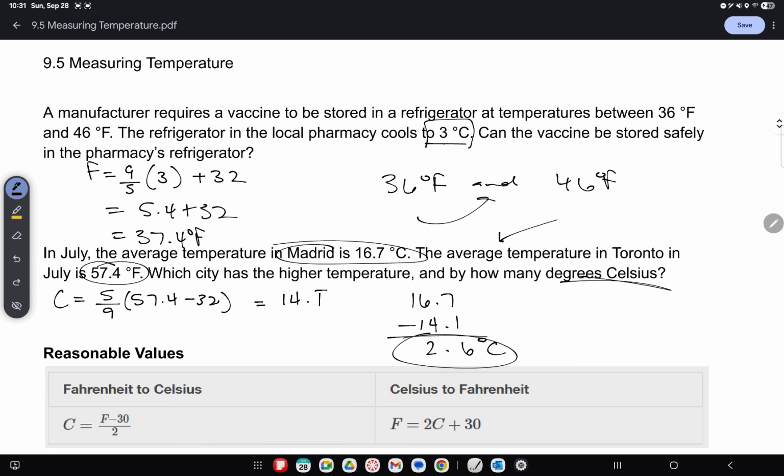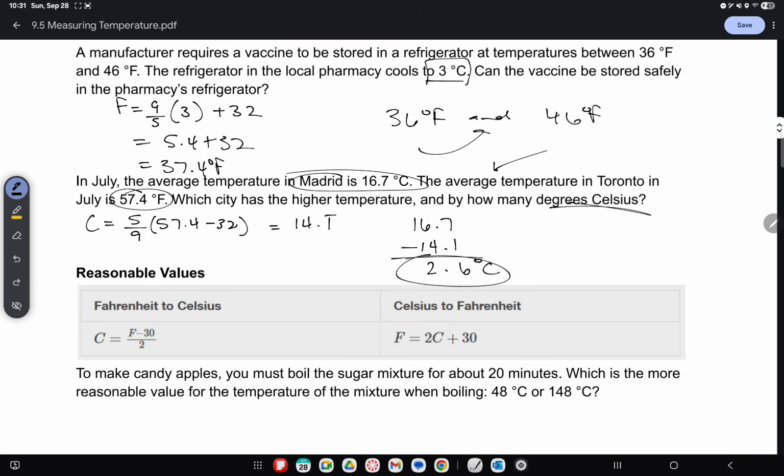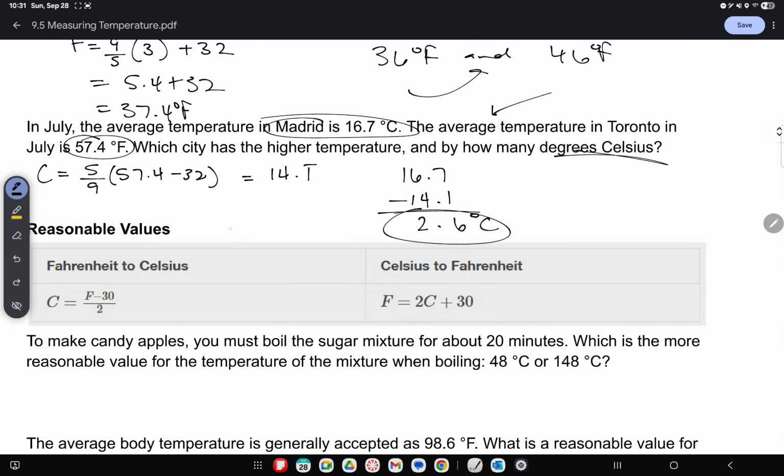And when we talk about reasonable values, we can try and do some quick math. So 9/5 as a number is 1.8, and 5/9 is 0.5 repeating.